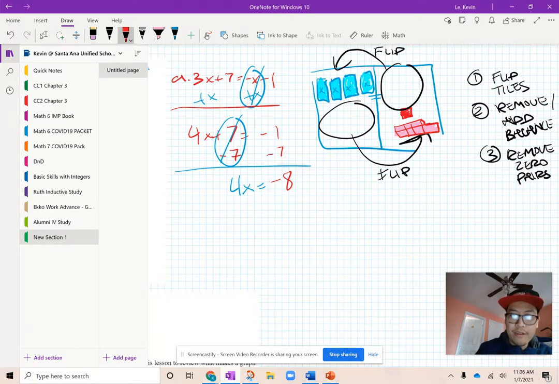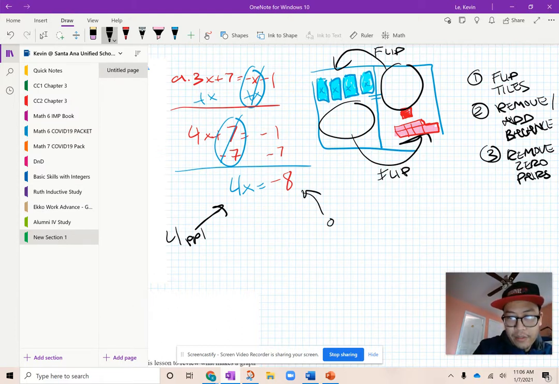So now that I got rid of all of that, I still need to figure out how much is each x. I only want one x only. So think of it like, let's say we have 4 people here. So this is 4 people. And they all owe together $8.